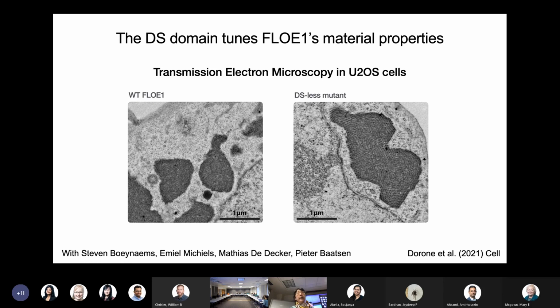I think we'll have to be careful about looking at lines that don't have that FLOW GFP, but here's the thing: we have FLOW2 that we know, and FLOW3 that we know goes into this aggregated form here. So anyway, I think that's a good point. I will have to keep that in mind.